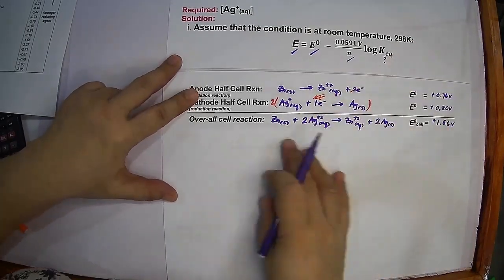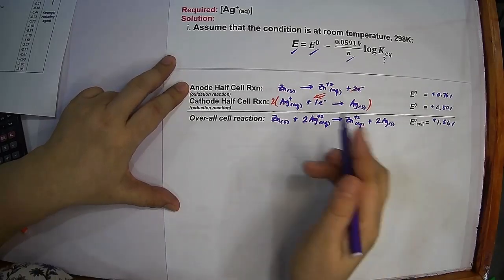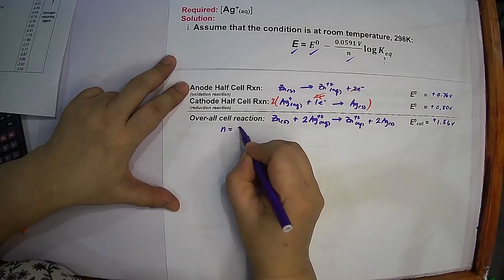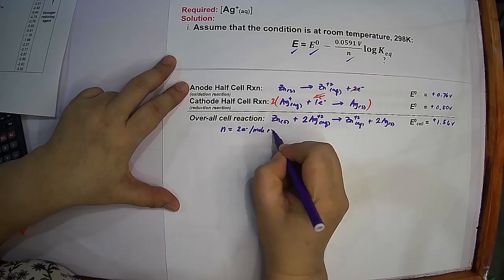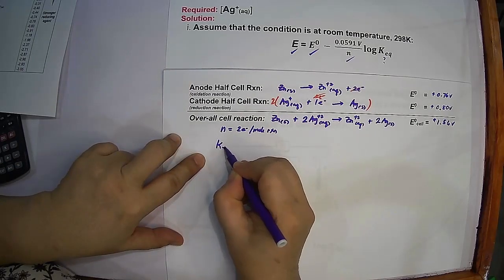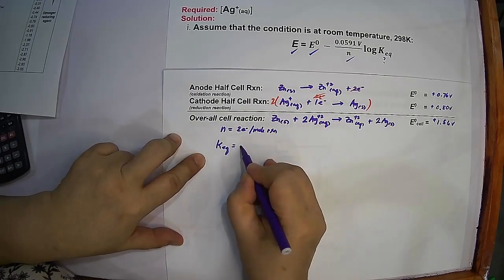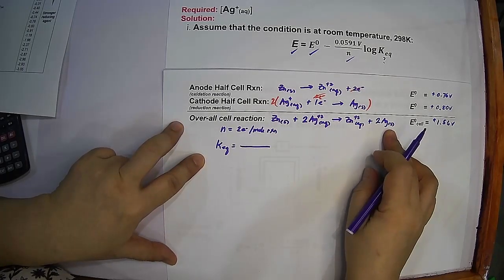We can write the Keq value based on the balanced equation. From the balanced equation, n is 2 electrons per mole of reaction. And your Keq expression based on the balanced equation: this is solid, it will not be included.